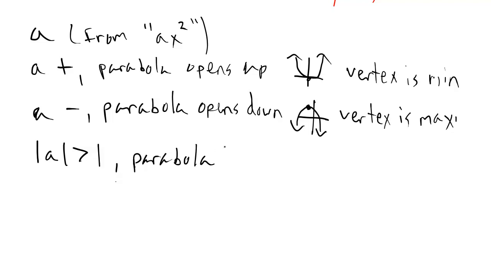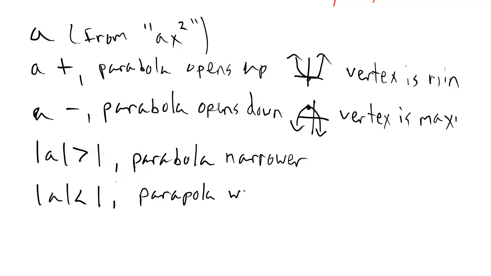Remember, you can test this out in your graphing calculators. So our parabola is narrower. And if the absolute value of a was less than 1, right, if we had just a decimal or a fraction, then the parabola was wider.